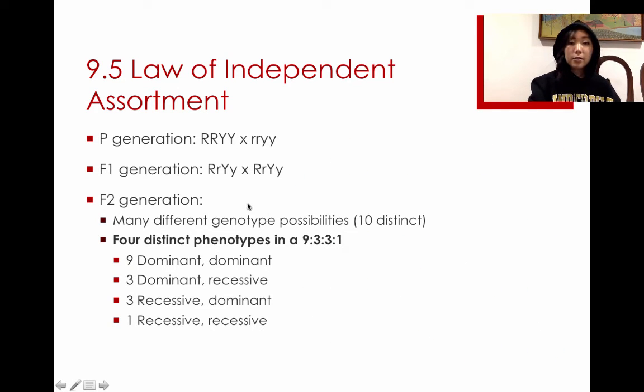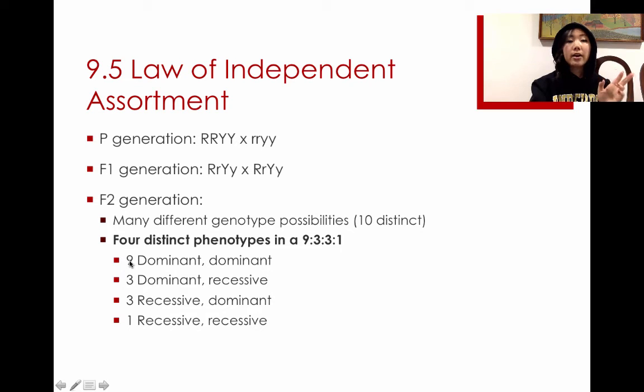So what he found in summary was there were about 10 distinct genotype possibilities, but 4 distinct phenotypes. So in terms of the 4 distinct phenotypes, they came in a 9:3:3:1 ratio. This ratio here is really important. I would write this down in your notes. Remember, phenotype is just the physical characteristics.